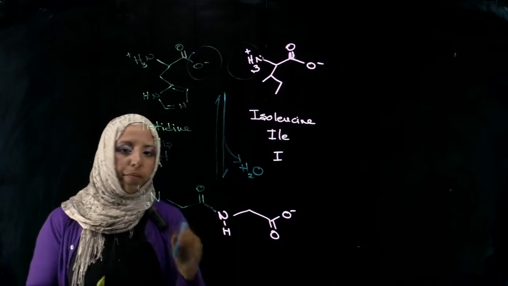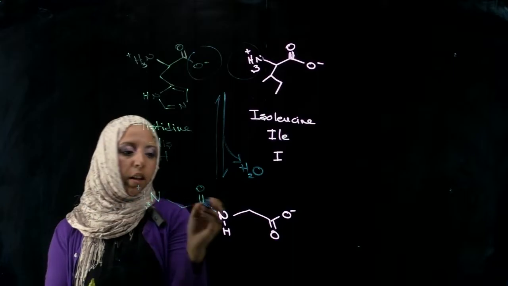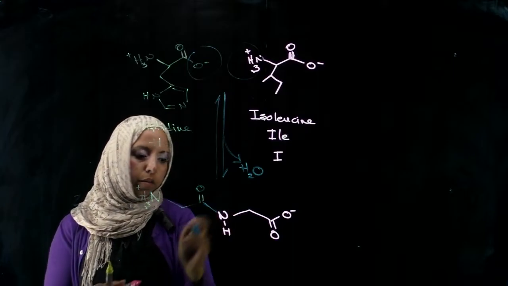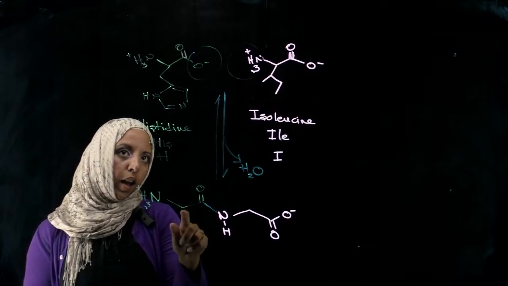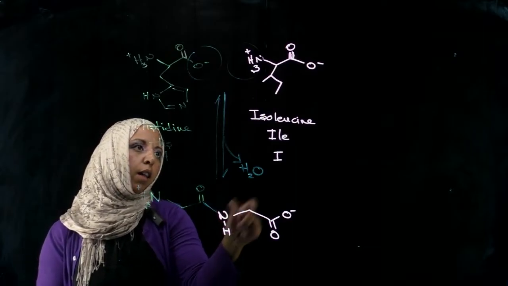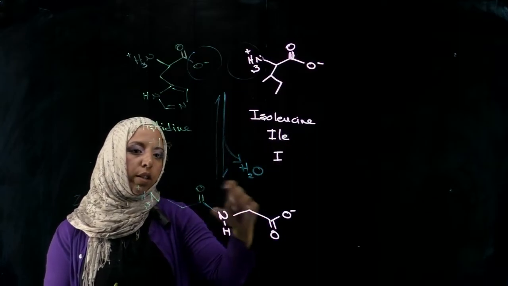Somehow these pens eventually stop writing. Okay, so I just wanted to keep it a different color. That's the alpha carbon of histidine, and this is the alpha carbon of isoleucine. Notice how they alternate.